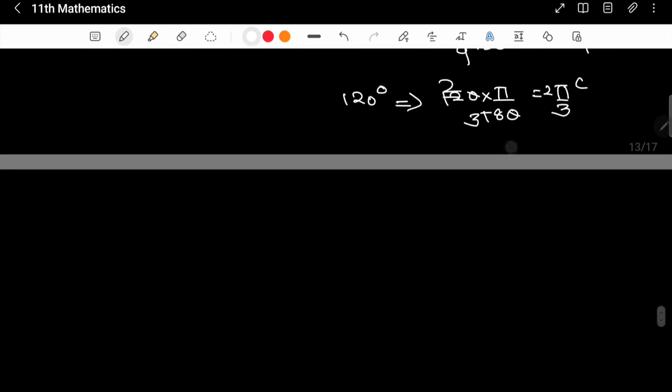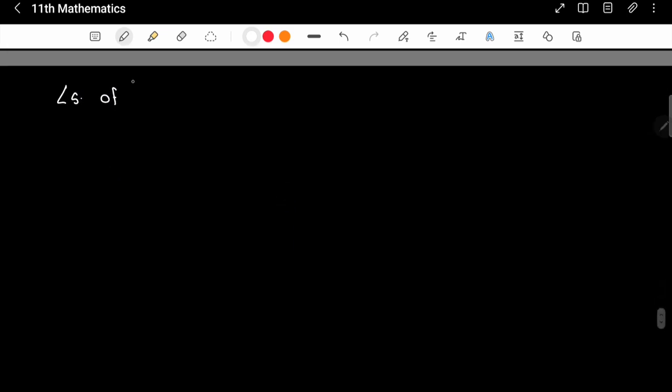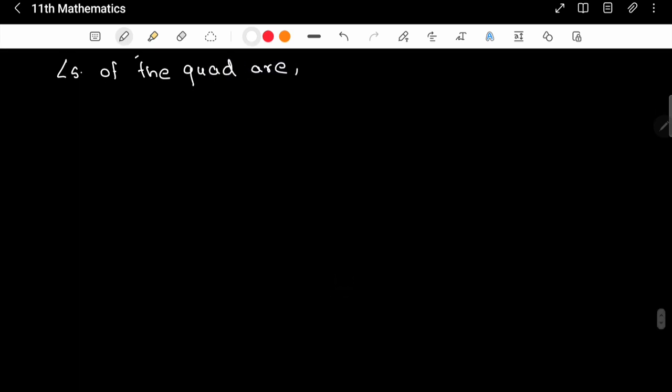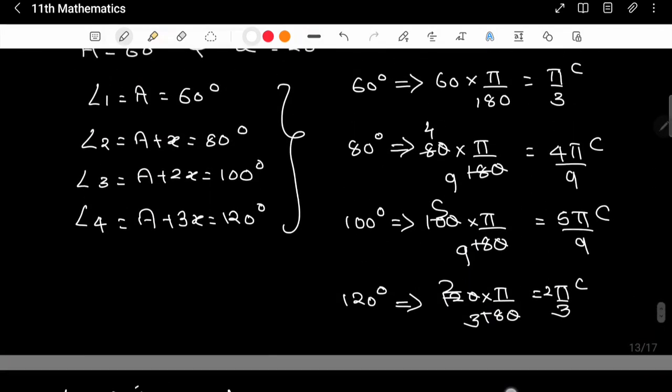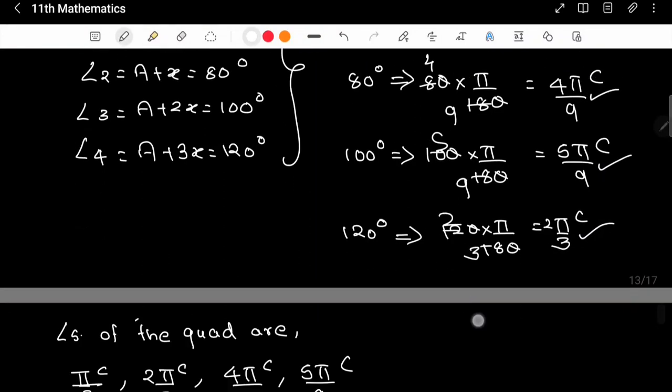Fine. So the angles of the quadrilateral are pi by 3 radian, 4 pi by 9 radian, 5 pi by 9 radian, and 2 pi by 3 radian.